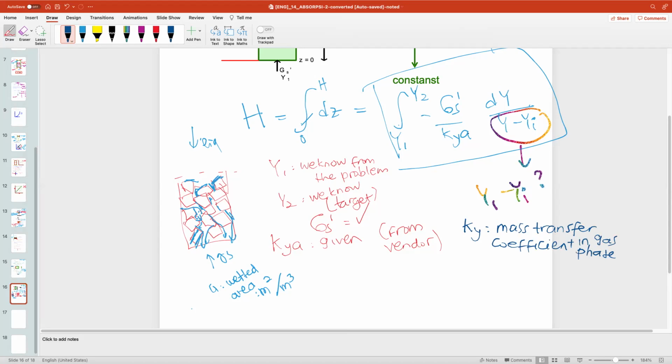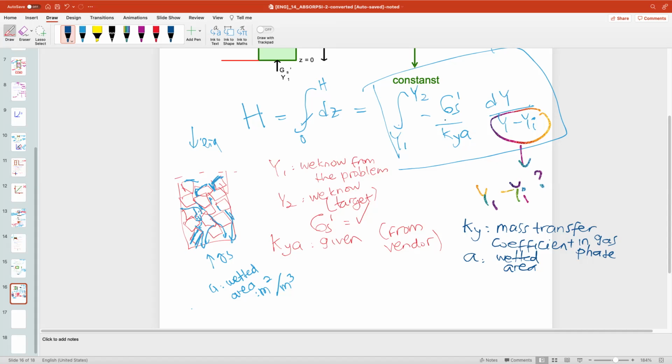Sometimes we can also change this one with X from the liquid side, but when we construct the absorber column, this is the requirement that we need: we know the gas input, and we also want to know the target gas mole ratio output. So this is the mass transfer coefficient in the gas phase, multiplied with a, the wetted area, or the contact area in the packing.